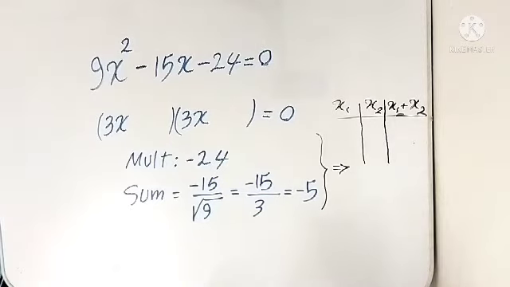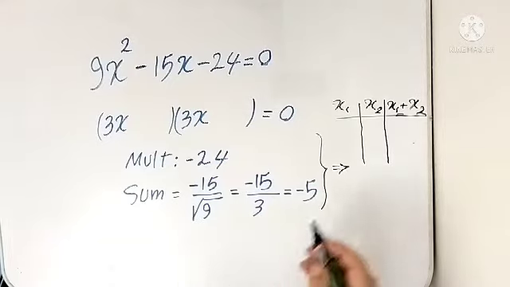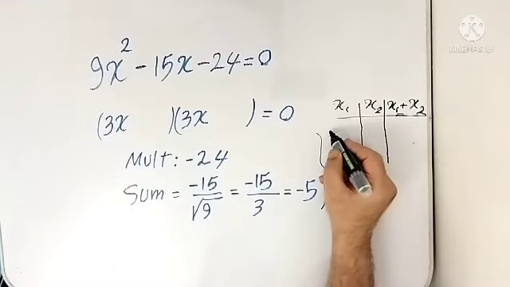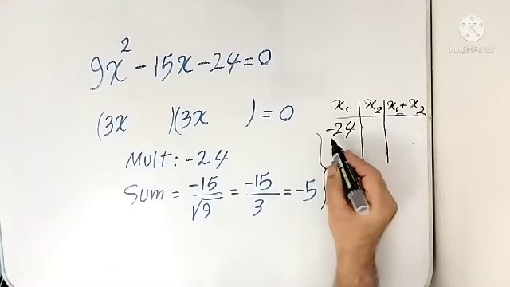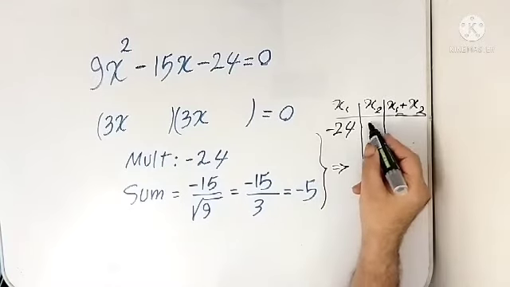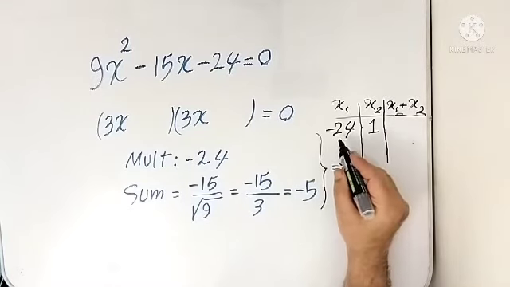Two numbers that multiply to -24 where the negative number is stronger: -24 and 1.